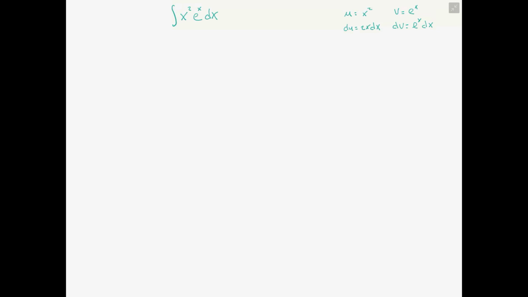Now, we use our integration by parts formula, which is simply uv equals ∫v du plus ∫u dv.